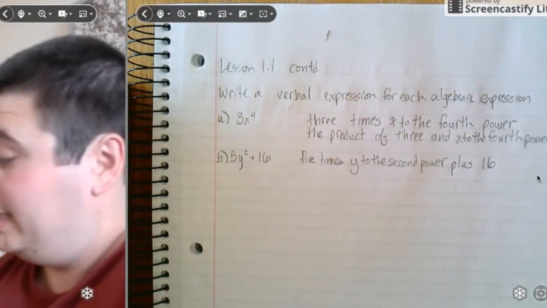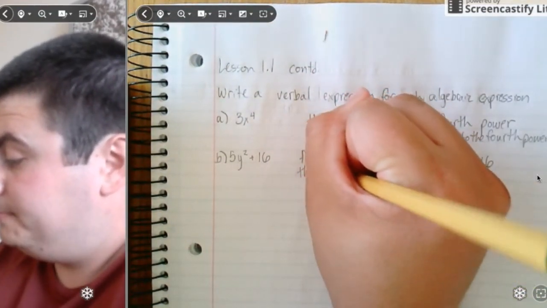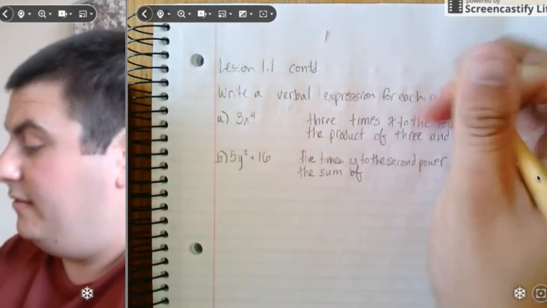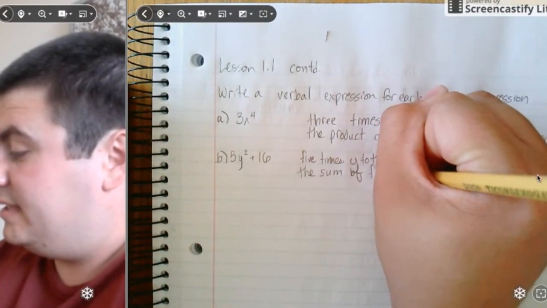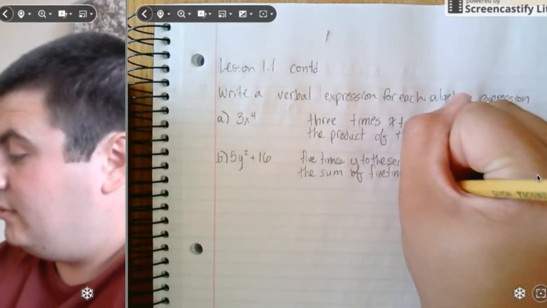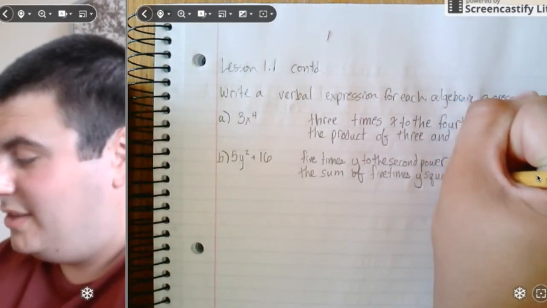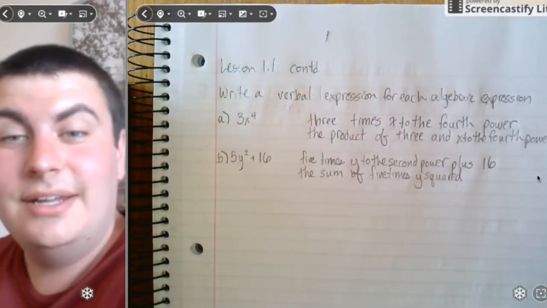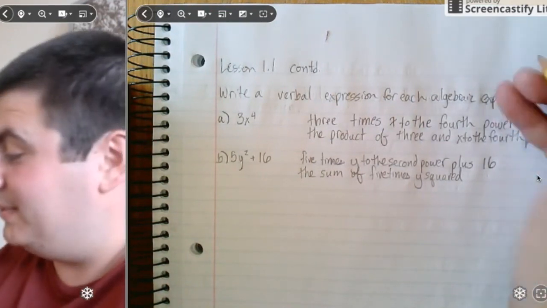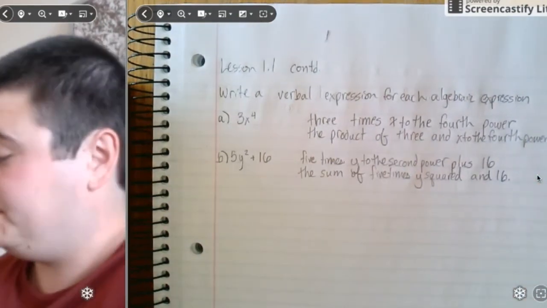Or we could say the sum of 5 times y, and I'm going to say y squared, which is kind of a bit of a cheater version to say it, but I'll let it slide for now. The sum of 5 times y squared and 16.